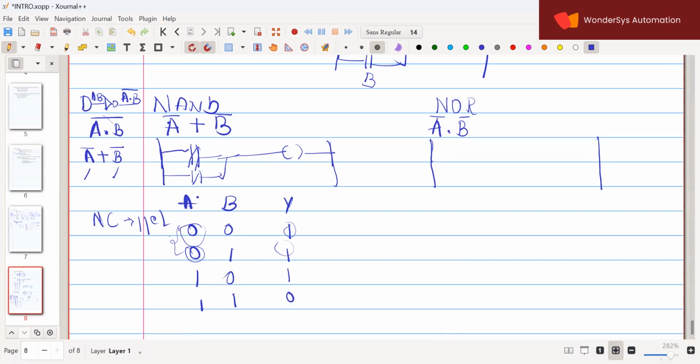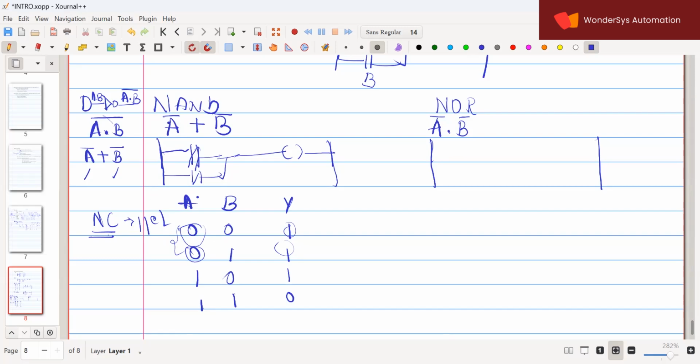Understood? Should I repeat again? Yes, ma'am. Now see here. Now we understood that whenever the output is getting high for zero condition, we have to use NC switch, correct? Gavi Siddhappa, I'm explaining to you only.